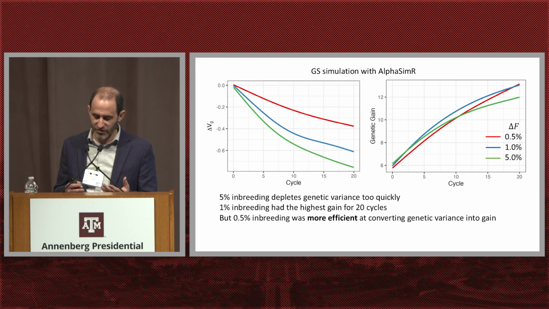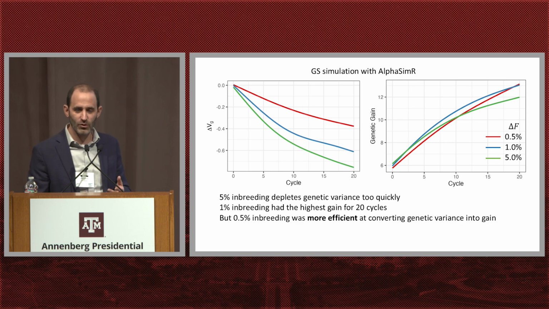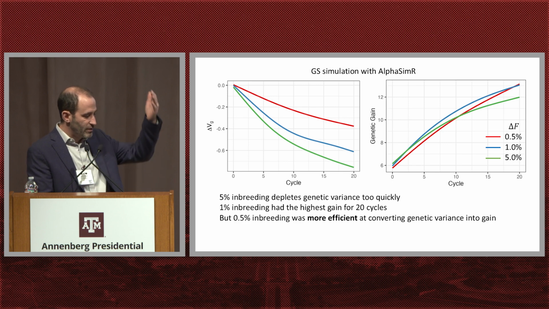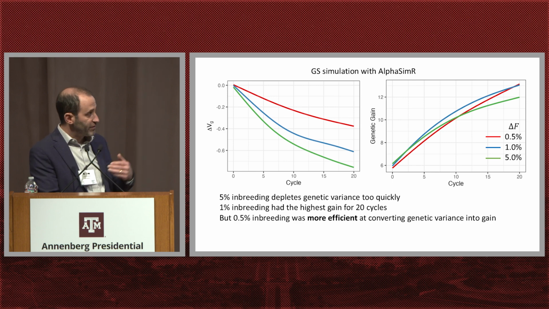Here's a simulation just to show the consequences of ignoring this important issue. This is done with the AlphaSimR program. The left is showing you the change in the genetic variance of the simulation over time. So at cycle 0, at the beginning of the simulation, we started at 0 change in genetic variance. And then over time, the genetic variance is going down.